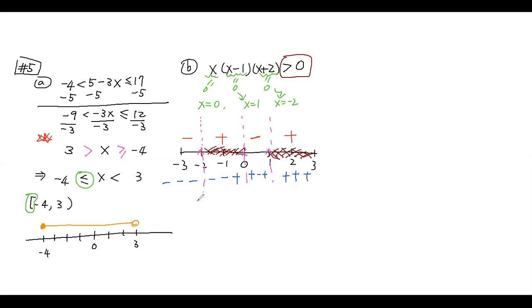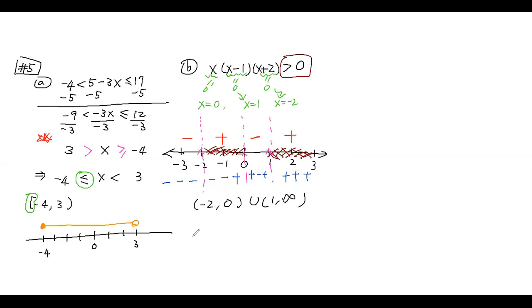So what is our solution? Because it does not have an equal sign, this will be -2 to 0, and the union. This is continuous, right? It doesn't stop, it's a real number line. So from 1 to where? 1 to infinity, right?